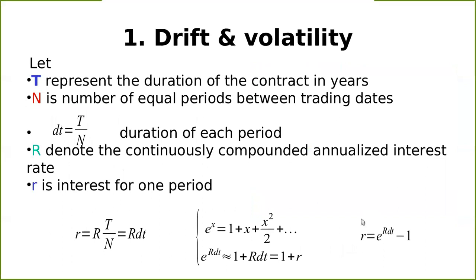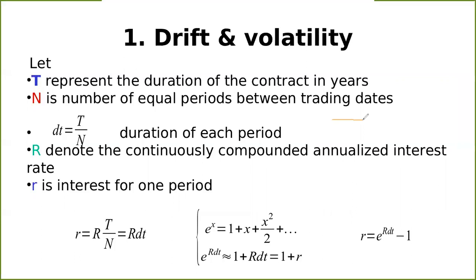So let capital T represent the duration of the contract in years, and capital N the number of equal periods between trading dates.